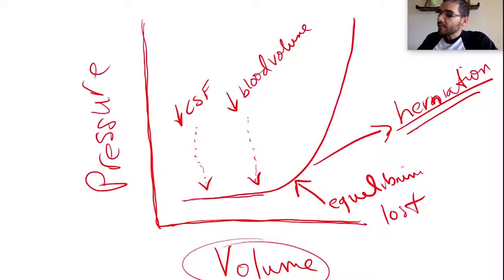The first thing that happens is the brain decreases its CSF. It does this by pushing its CSF towards the CSF in the spinal canal, because remember, there is CSF in the spinal canal, which is called the subarachnoid space as well.